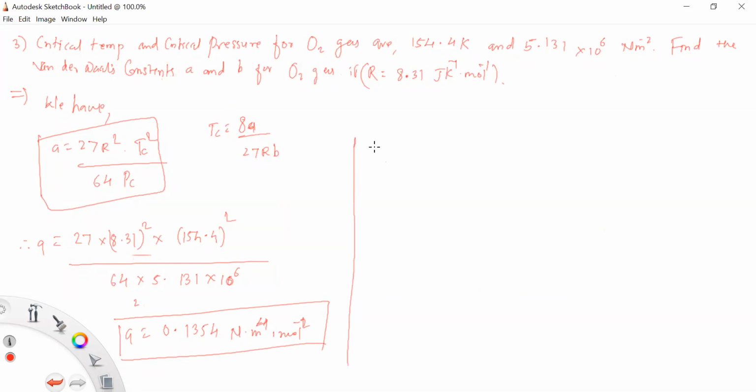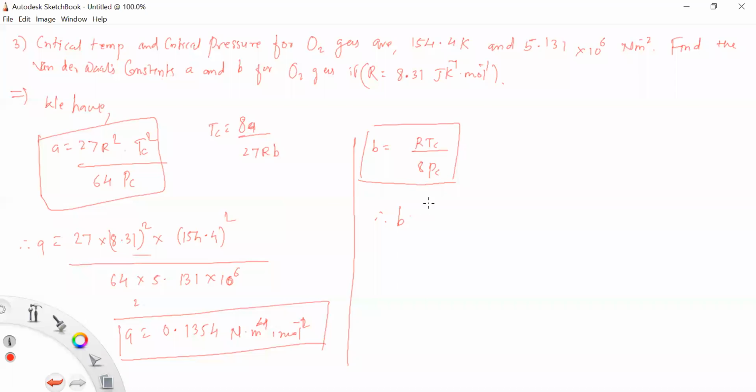In this way we can find the value of B, which is R TC upon 8 PC. We can simply find the value of B with the help of this formula.